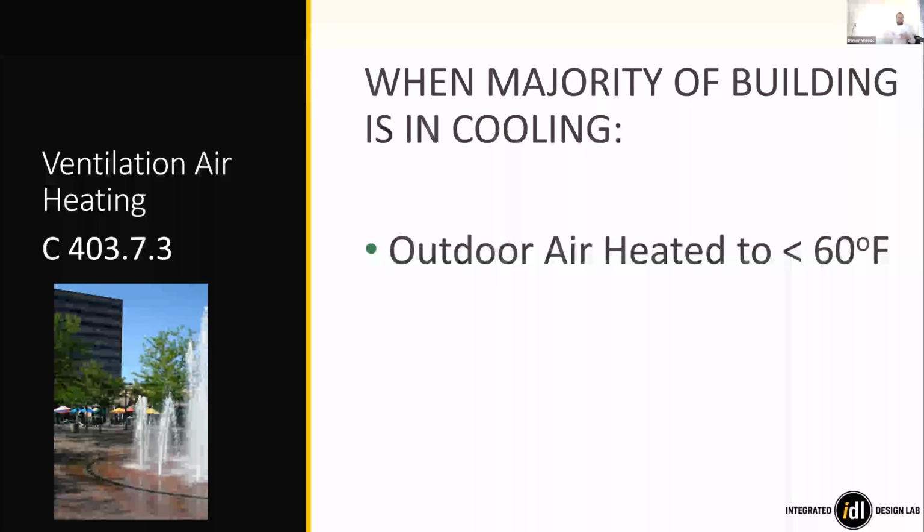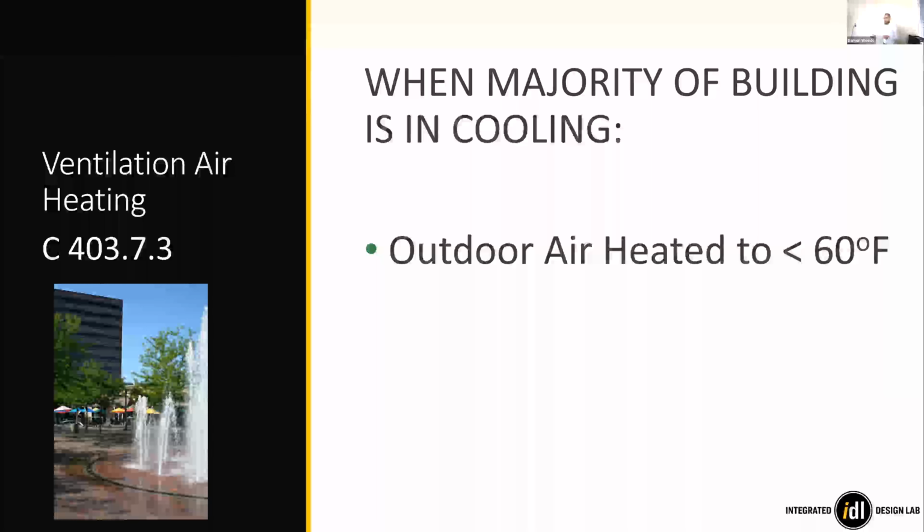There are also regulations in the efficiency code on the ventilation air that you're bringing into the building. If it's a summer day, you've got fountains going on at the Grove, and your building is in cooling mode, then the outdoor air should not be heated above 60 degrees Fahrenheit. This doesn't apply if it's a semi-heated space, like a garage or an equipment bay that only has heating.